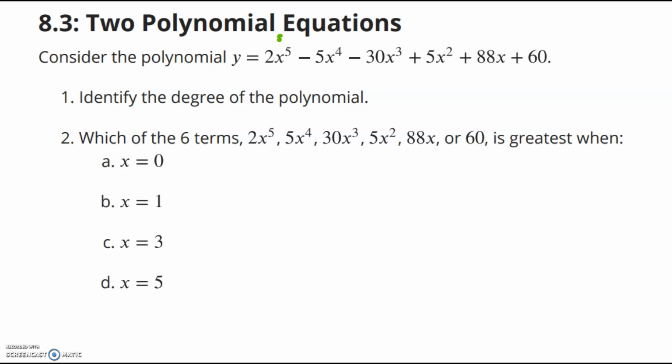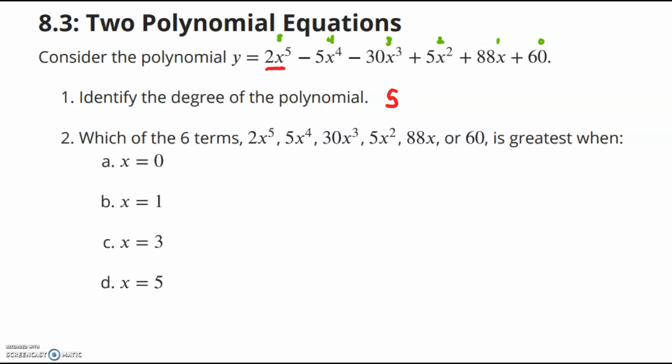So this is a degree 5, 4, 3, 2, 1, and then the constant is always a degree 0. So we're good to go. This is written in standard form. So to find the degree of the polynomial, it's really the degree of the leading term when it's written in standard form. So the degree of this polynomial is 5. This is a fifth degree polynomial.